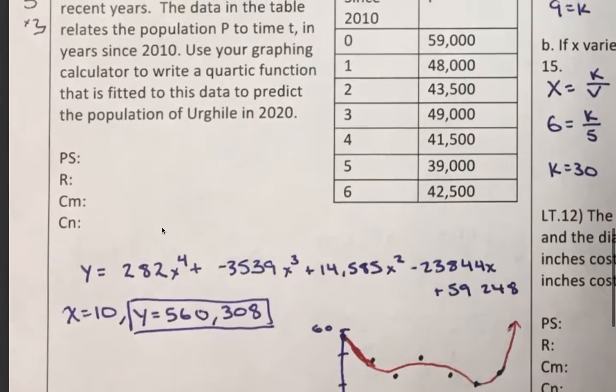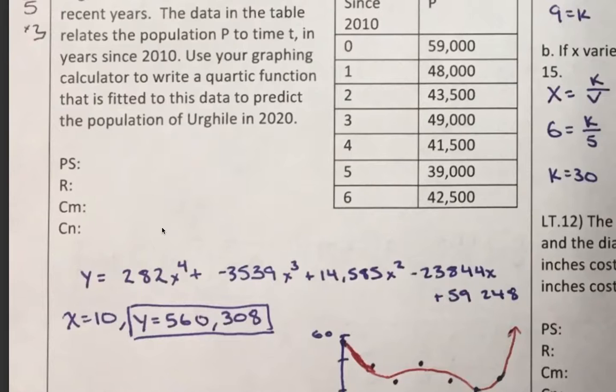And so, you know, the steps here, using stat and edit to enter your stuff, and then stat calc to be able to calculate any of your regression, whichever one I ask you to use, whether it's linear or quadratic or cubic or quartic, whatever I choose here, that's where you'll find it.